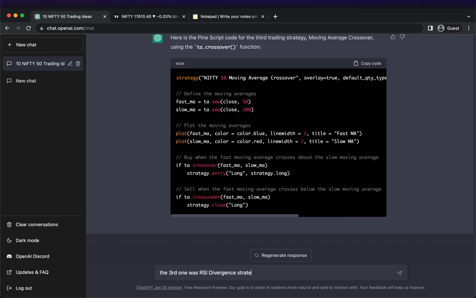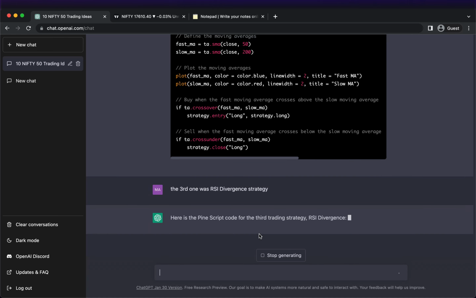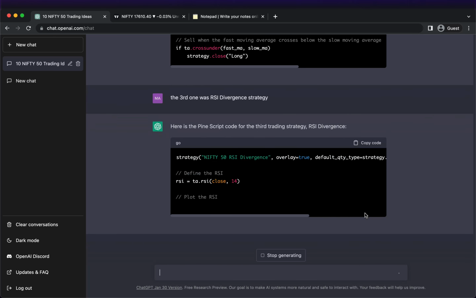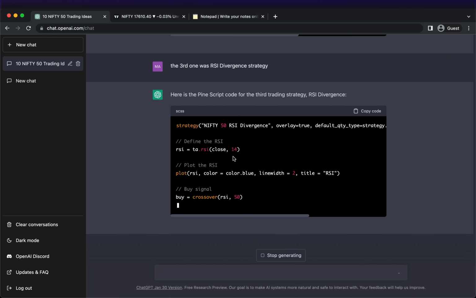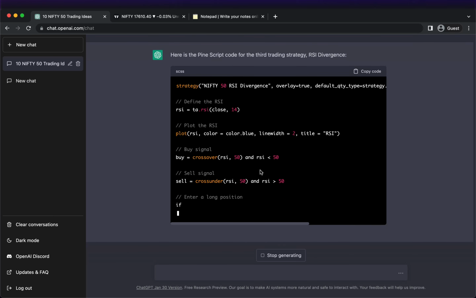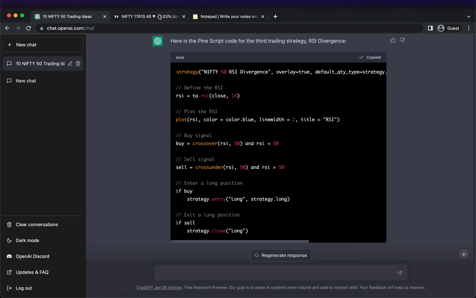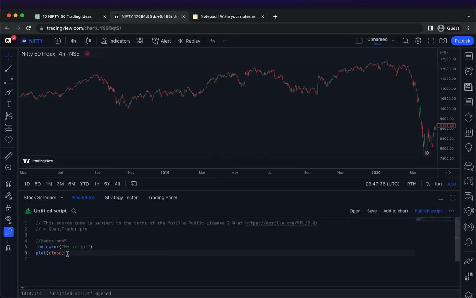So the third strategy was the RSI Divergence strategy, and we are getting the PineScript, which is using ta.rsi for 2 weeks and making the plot. And again, you see it's again using the crossover and cross under without the ta library.